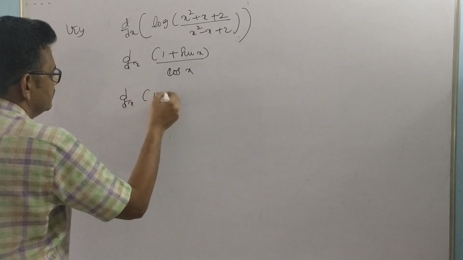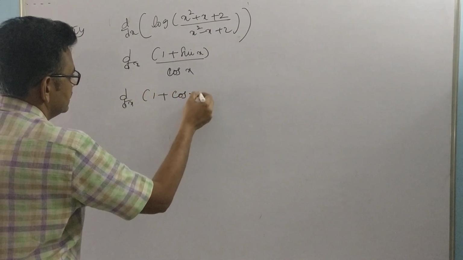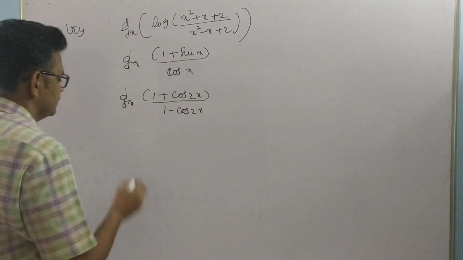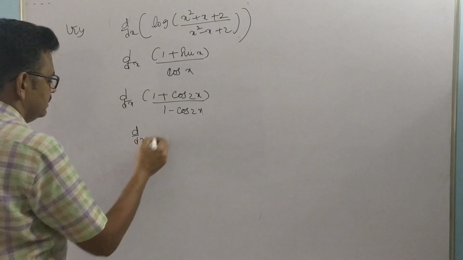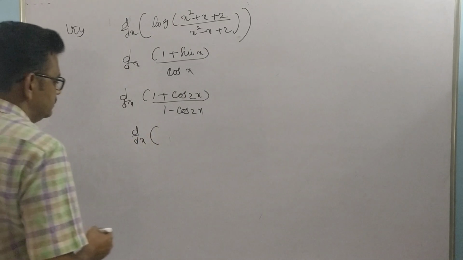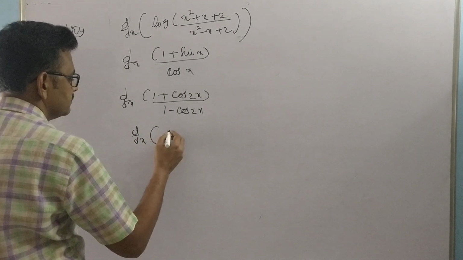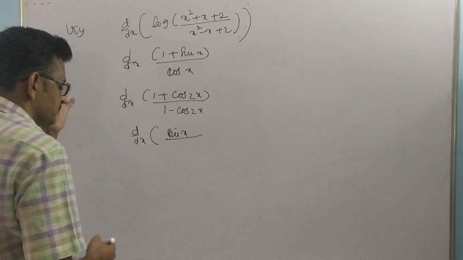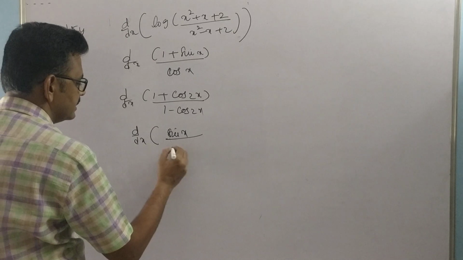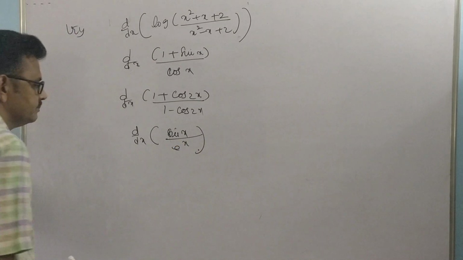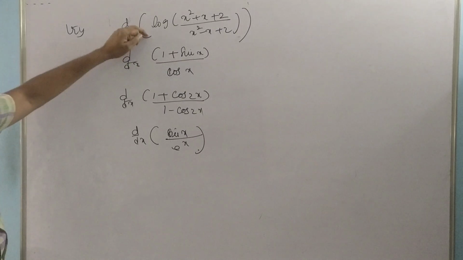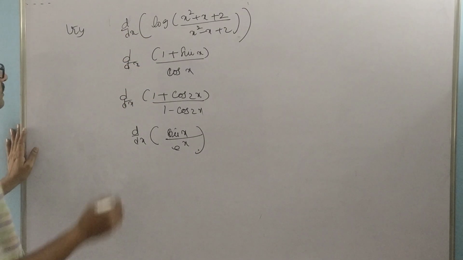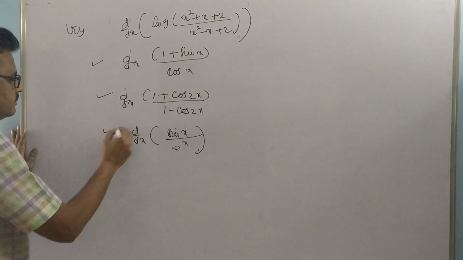D by dx of 1 plus cos 2x by 1 minus cos 2x. D by dx of sin x by e power x. So these are all u by v form. We're going to try these problems.